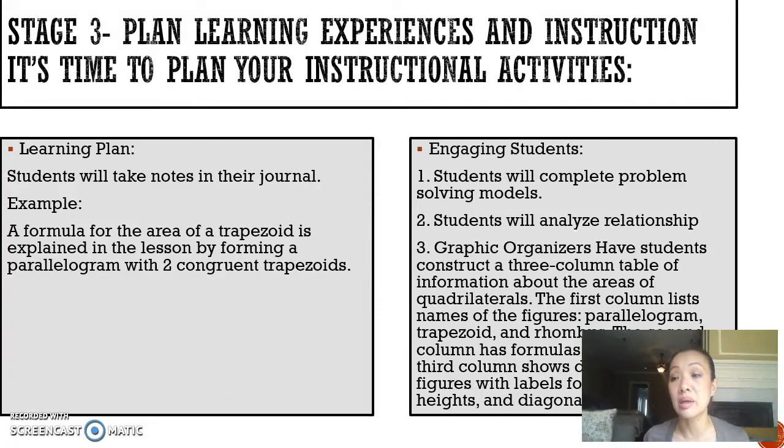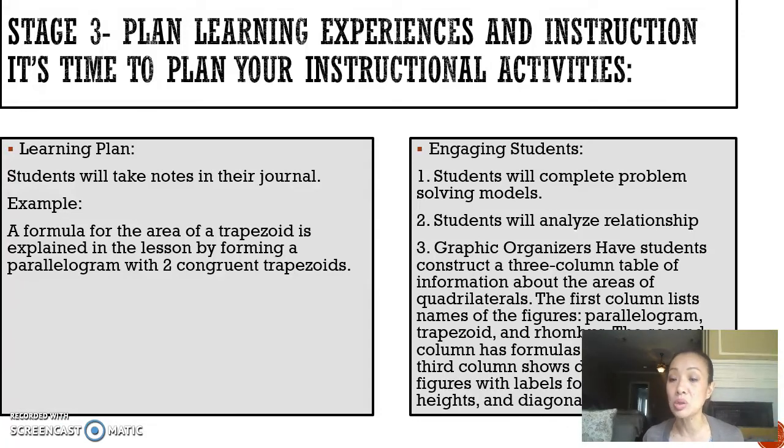Other types of activities that I would use in this stage: students will complete problem-solving problems. Students will analyze relationships. Graphic organizer: have students construct a 3-column table of information about the area of quadrilaterals. The first column lists names of figures: parallelogram, trapezoid, rhombus. The second column has formulas for the areas.